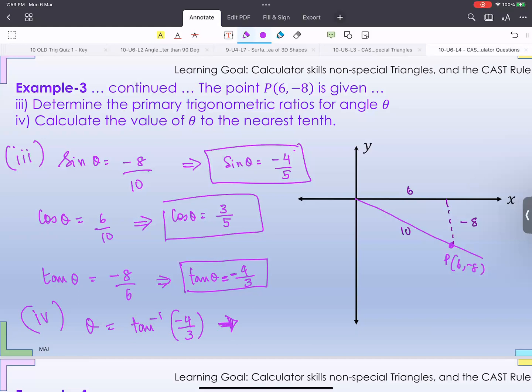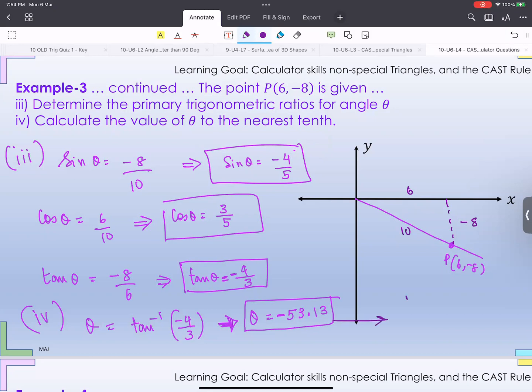You end up with theta equals negative 53.13. Now that doesn't seem to make sense. Why? Because negative 53.13 is this angle. So that's that angle.